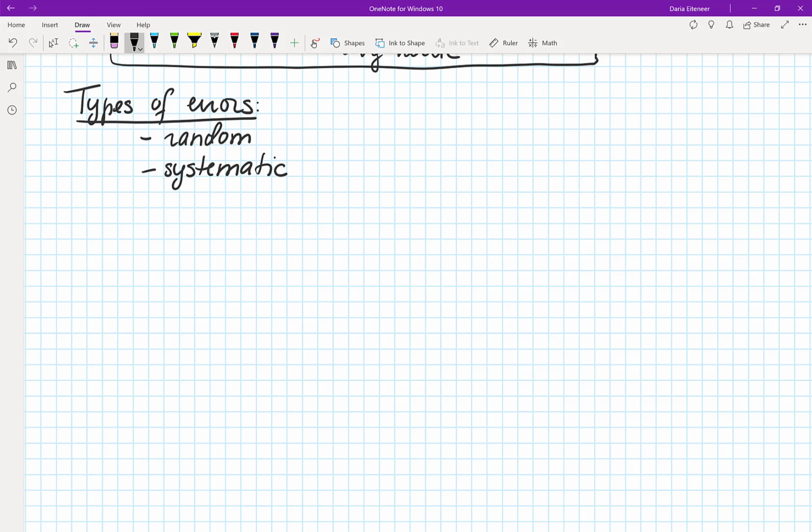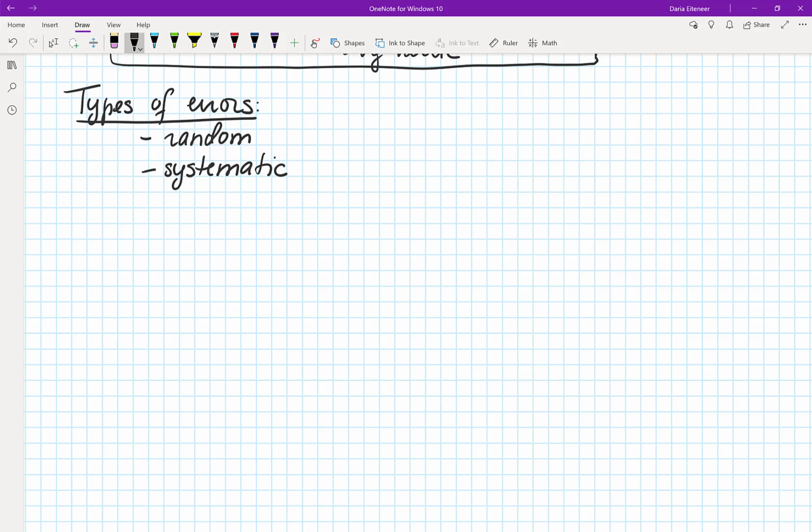Notice how there is no such thing as human error. We will talk about that as we go through the labs in this class. But every error that you're making in the measurement falls into the category of either random or systematic error.